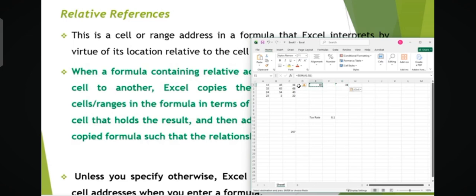We had to move 4 times: 1, 2, 3, 4. That is the relationship for getting A1. It's relative. Then when we check, how many times do we have to move to get B1? We have to move 1, 2, 3 to get B1. Now, when we copy this, it also wants to maintain that relationship of moving 4 times to get the first value, and 3 times to get the second value.